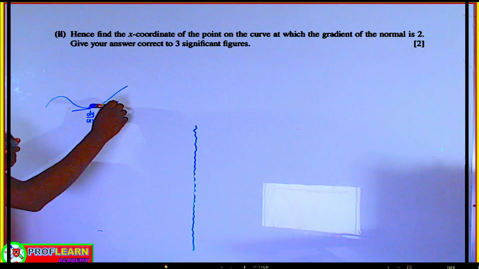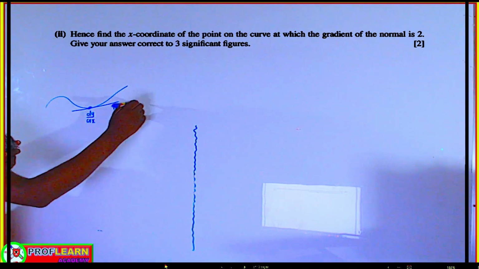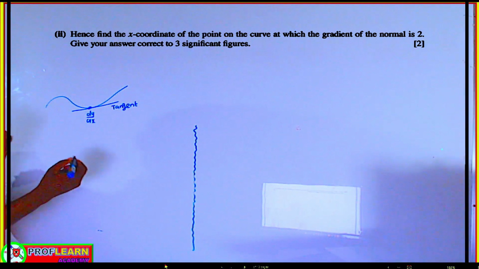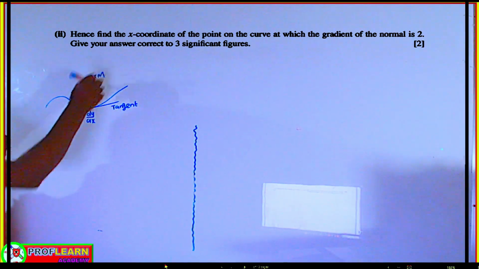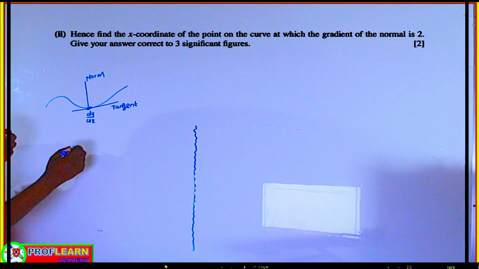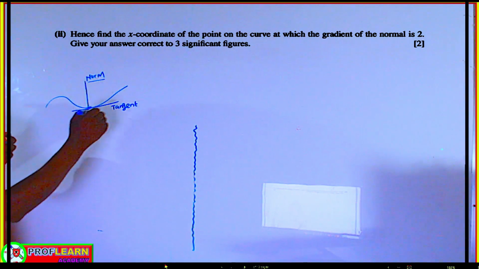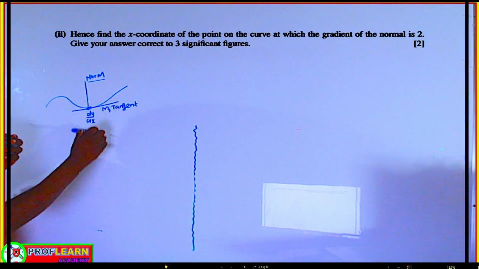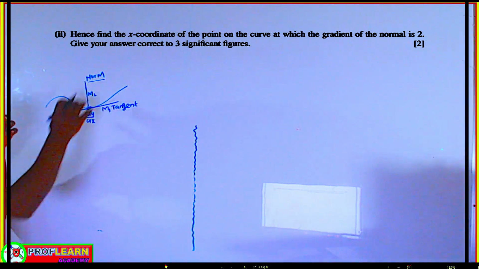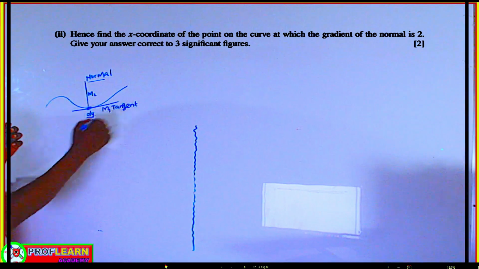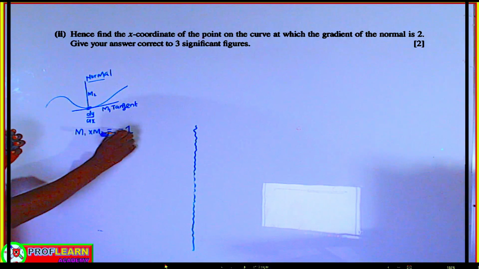So if we say this is the tangent, and a curve have the same gradient, and if we are talking of a normal at this particular point, it means the gradient of the tangent times the gradient of the normal. So let's say the gradient of this one is m1 and this gradient is m2. So the gradient of the normal and the gradient of the tangent multiplied, m1 times m2, is going to give us -1.